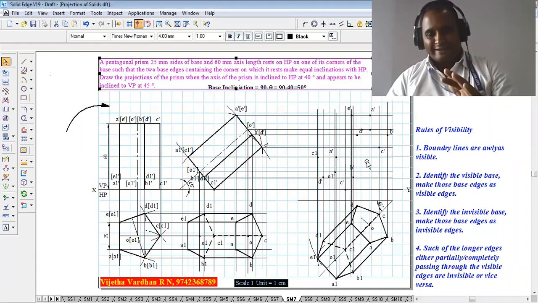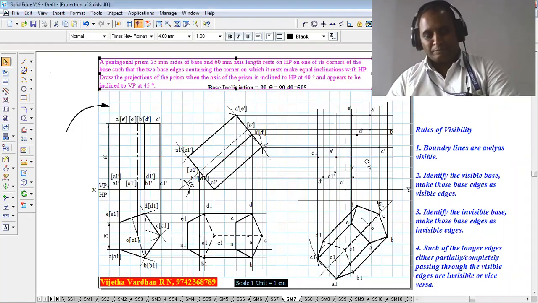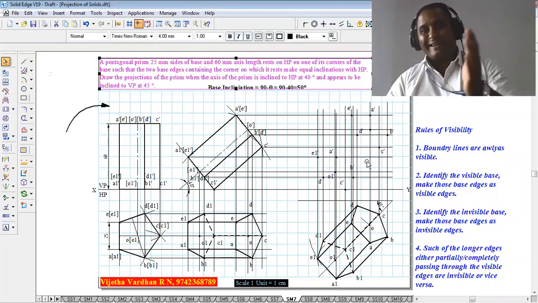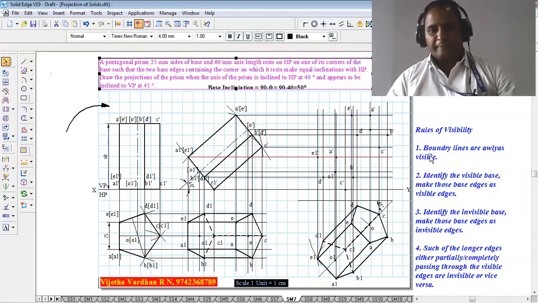The square had 10 lines, but when it comes to the pentagon, it becomes 12 lines because there will be 12 points. That is the 5 base corners at the bottom, 5 corners at the top, and the axis positions, altogether 12 lines you are going to draw. In the same fashion, when you go to the hexagon, the number of lines will keep on increasing. The only thing is we have to keep patience.